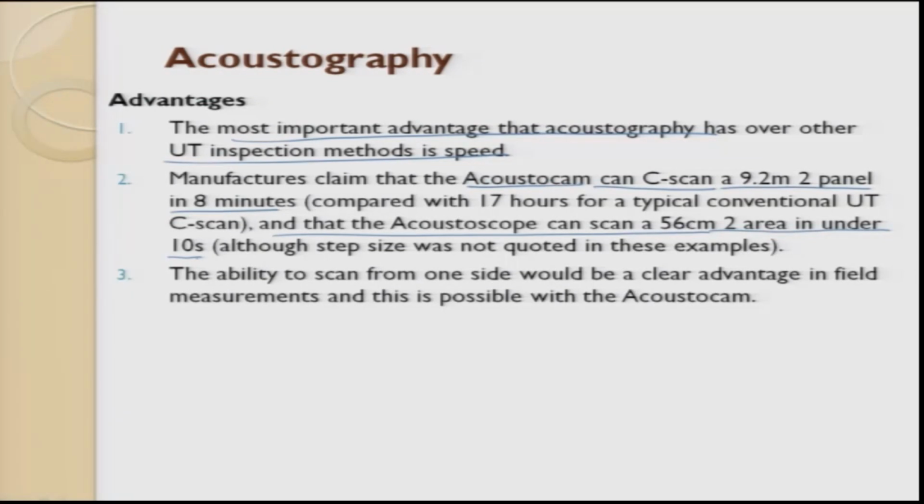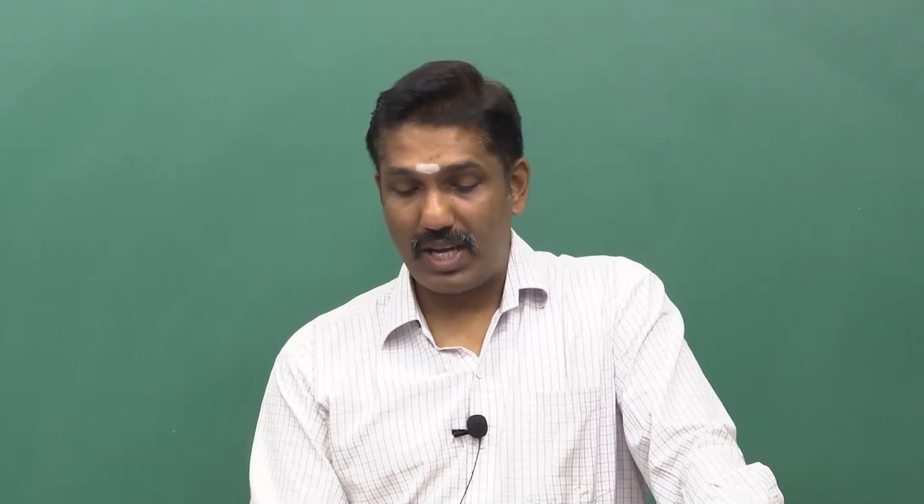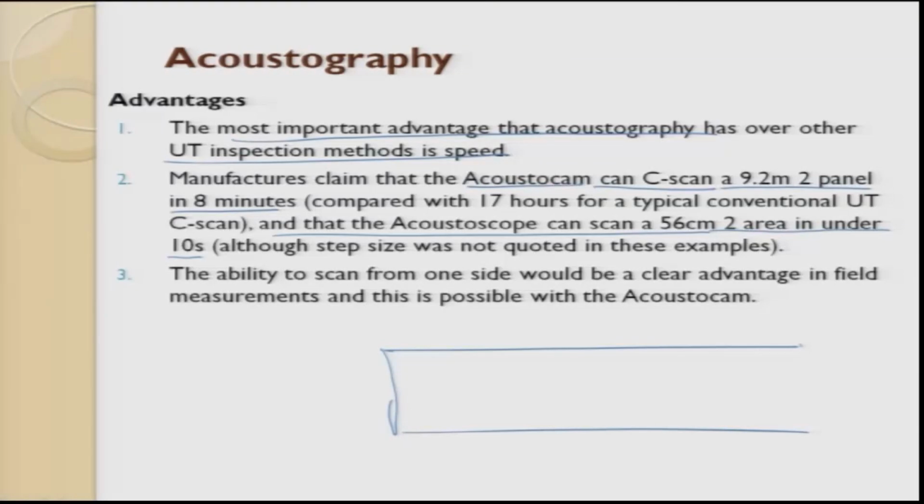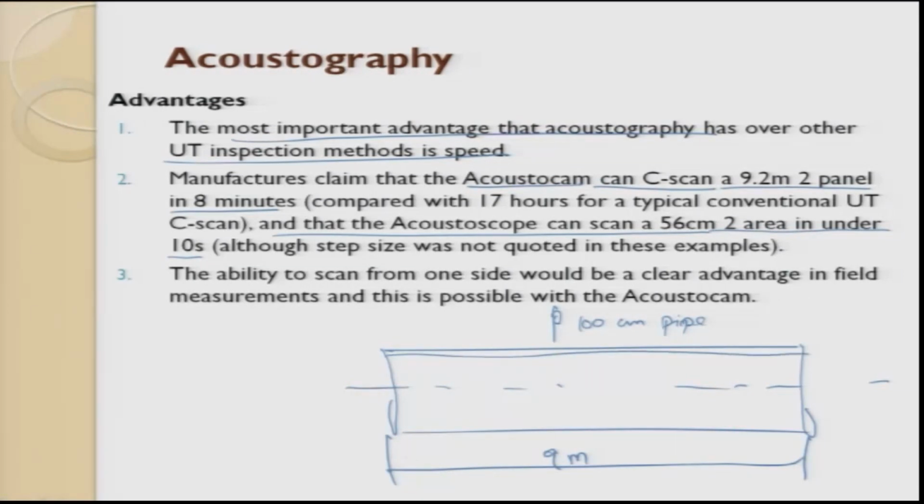Today, if you have long pipes, say a 9 meter long pipe with a diameter of 100 centimeters, and you want to find out the health of it, acoustographic techniques can be used for detecting. You get the signals much faster.